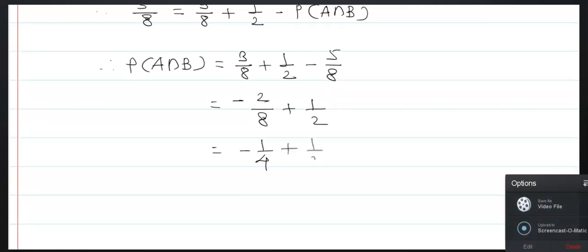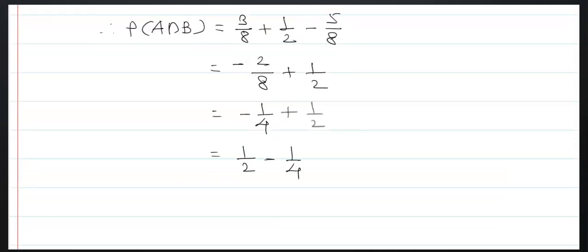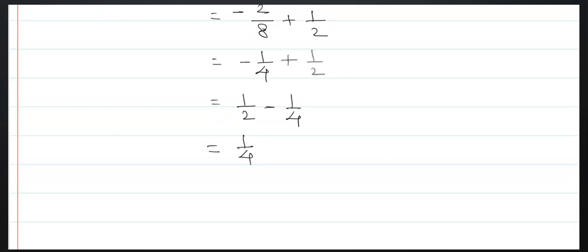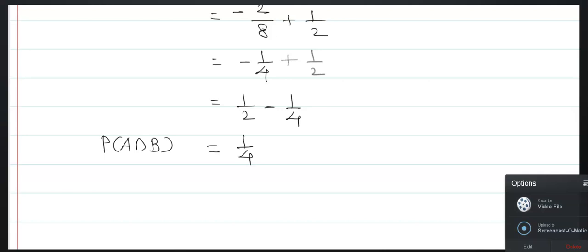After calculation, that is minus 2 by 8 plus 1 upon 2. After simplification, you will get minus 1 upon 4 plus 1 upon 2. And overall, you will get 1 upon 4. This is P of A intersection B is equal to 1 upon 4.